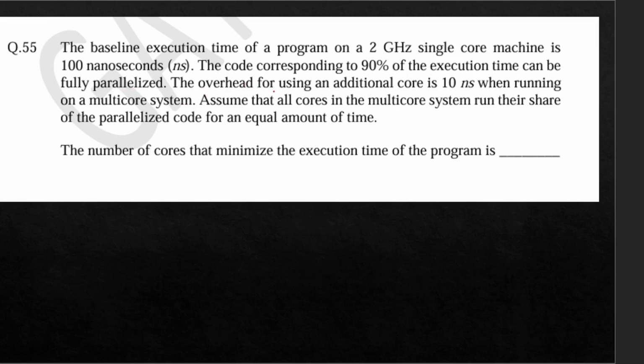After that, the overhead for using an additional core is 10 nanoseconds. When running on a multi-core system, assume that all cores run their share of parallelized code for an equal amount of time. The number of cores that minimize the execution time of a program is?